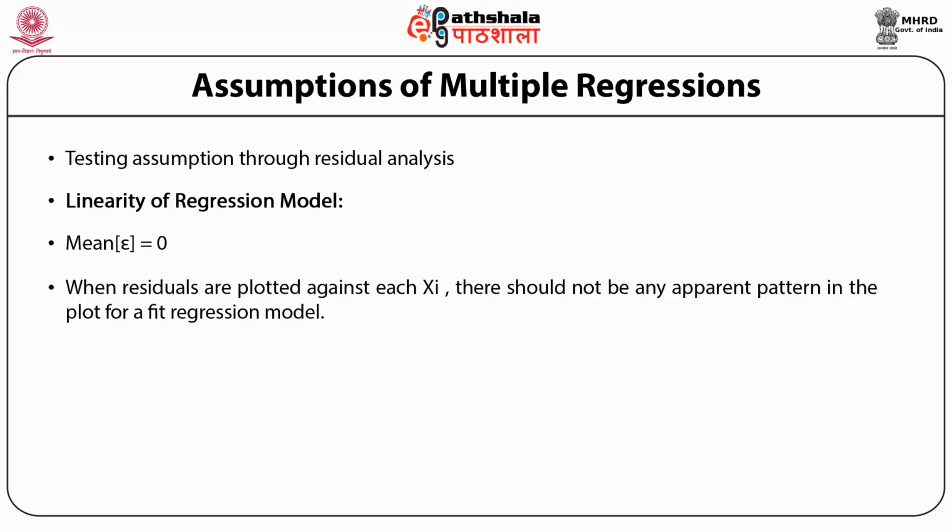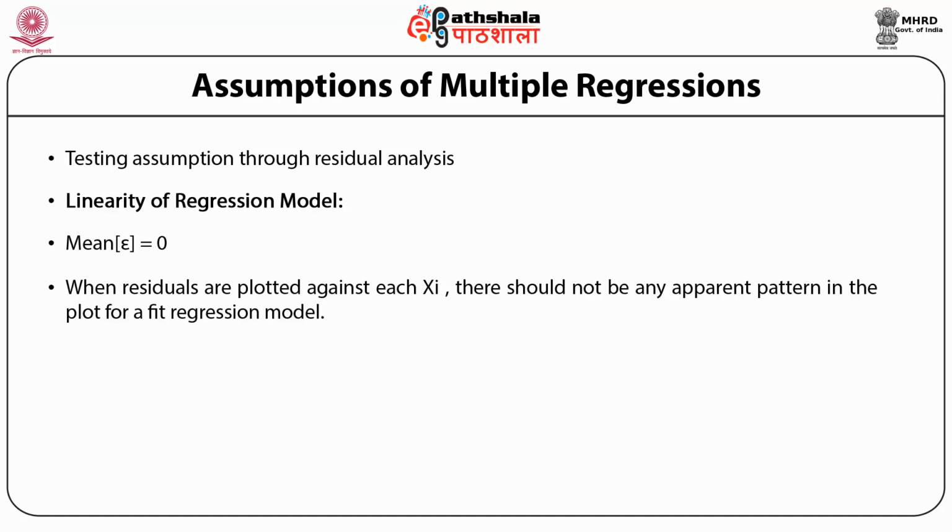There should not be any apparent pattern in the plot for a fit regression model. If we see any apparent pattern, it means the errors are related to each other, and it would be a violation of the linearity of the regression model.